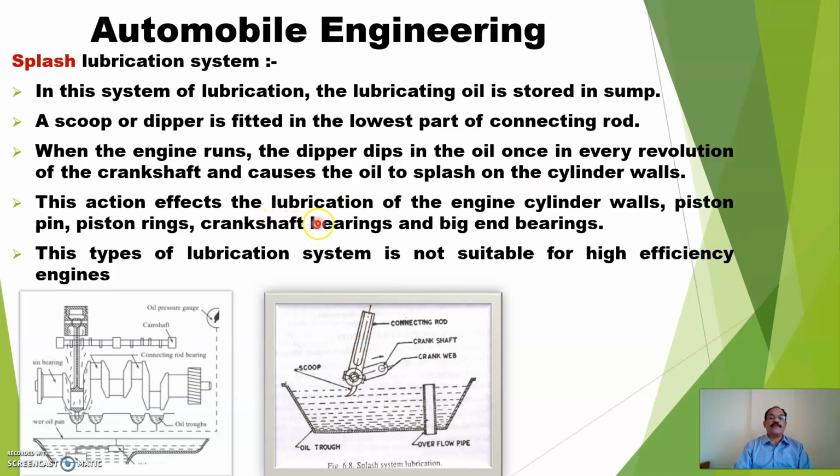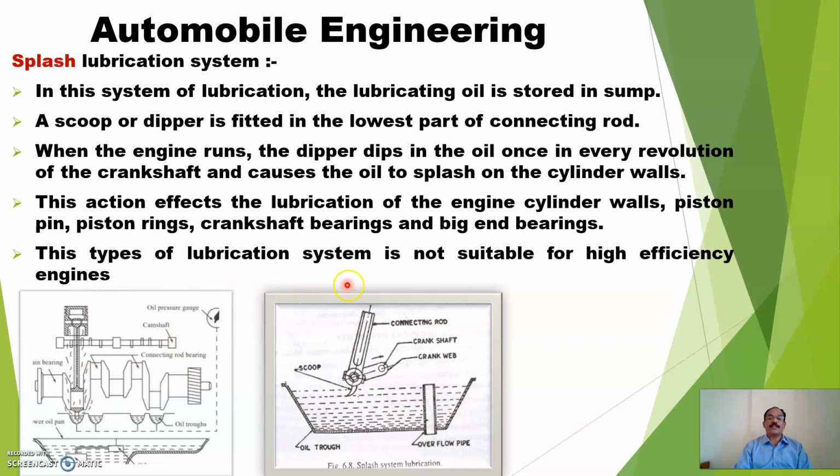This action lubricates the engine cylinder walls, piston pin, piston rings, crankshaft bearings and big end bearings. Whatever components are there, all are lubricated by this oil because oil is splashed all over the components of the engine.